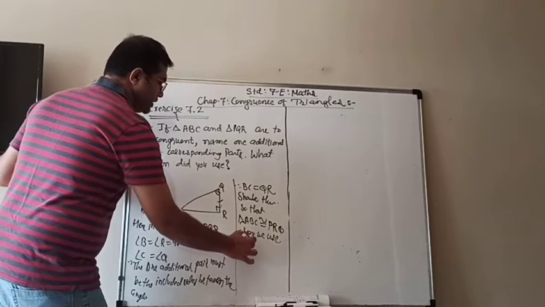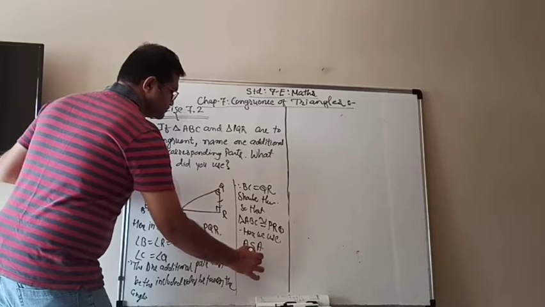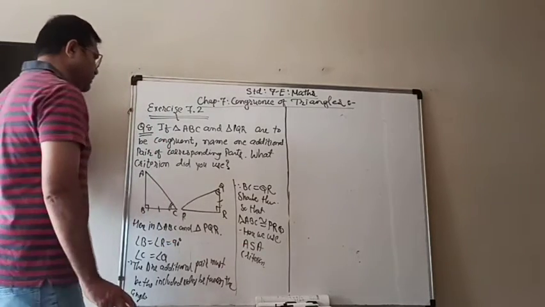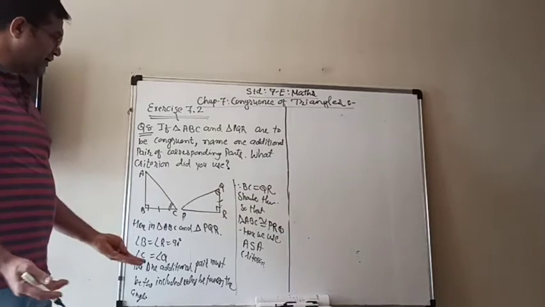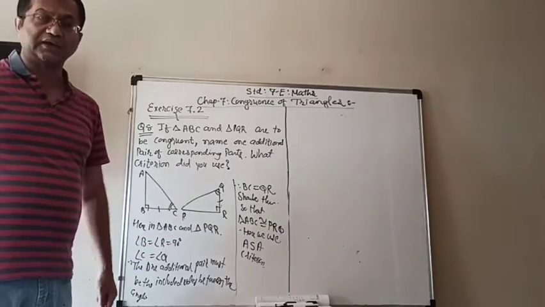ASA, angle side angle criteria, because there is no other way. If you want RHS, one side or the hypotenuse should be there.